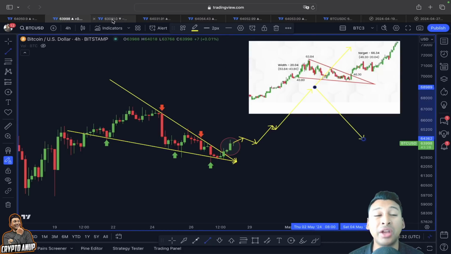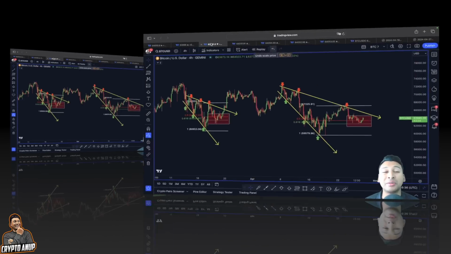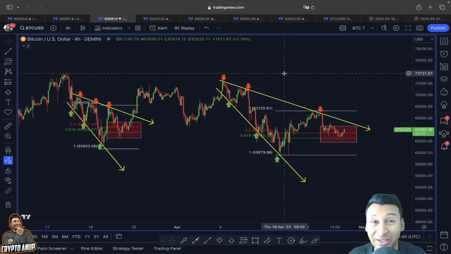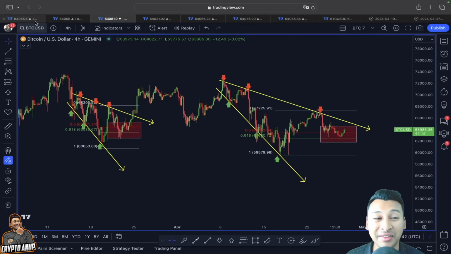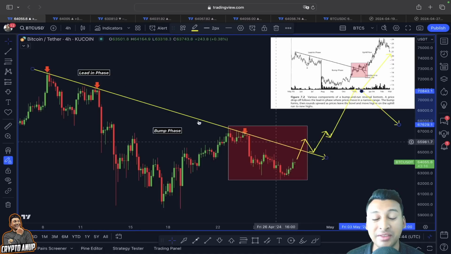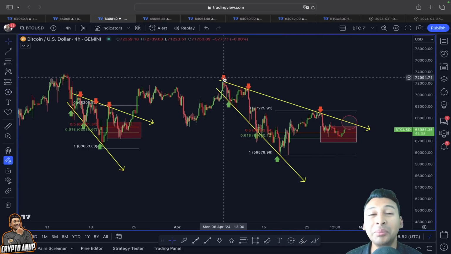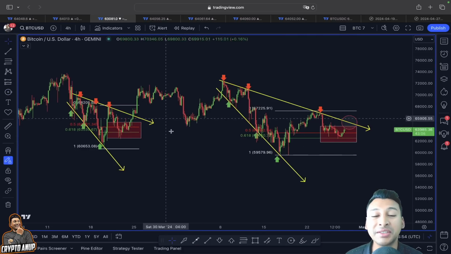Because we have found out it's not just this falling wedge, it's not just this bump and run reversal pattern, but even this descending broadening wedge is pointing us that once we flip this resistance, I mean the upper trend line resistance or this falling trend line resistance, we will also be breaking out from this trend line. I mean, this will be a breakout from this descending broadening wedge.